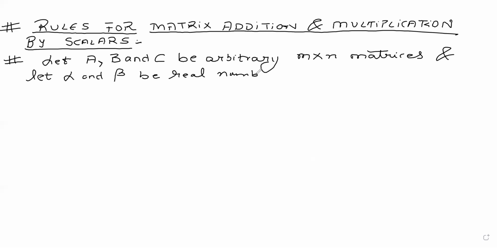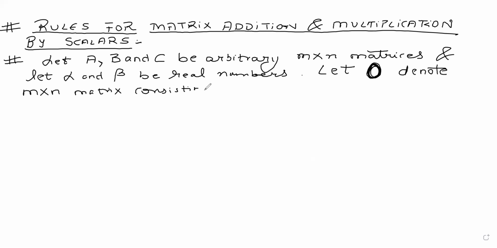Let 0, you can see it's a dark 0, denote the m cross n matrix consisting of only zeros, called the zero matrix.